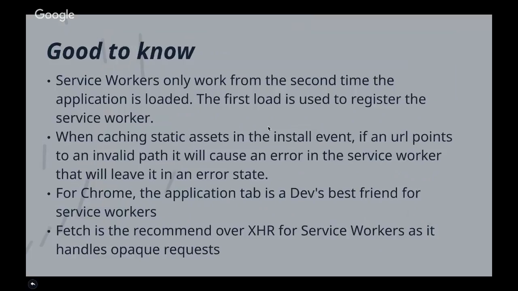And the other thing is fetch. I mentioned it as well. Why is fetch better than XHR? Besides the fact that it is promise-based, is the way that it handles opaque requests, which is the one thing that I believe XHR doesn't do for you by default.